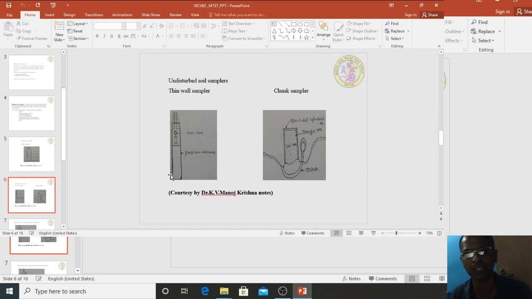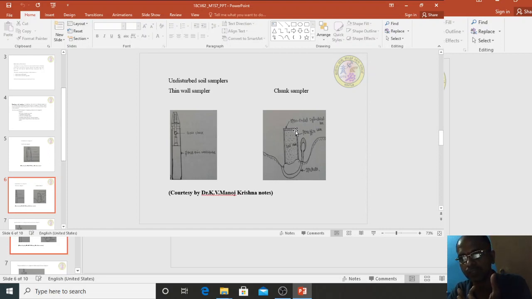Chunk sampler means, suppose I want to collect some sample in an area, so around that area you make a trench, isolating that soil from the surrounding area. That is step number 1. Take a wooden box whose size is greater than the isolated soil sample size. Place that wooden box, and around the wooden box fill sawdust, so that there is no gap between the sample and the box.